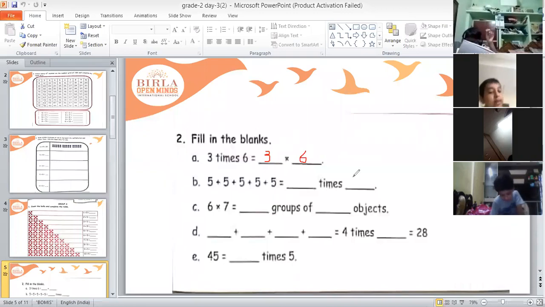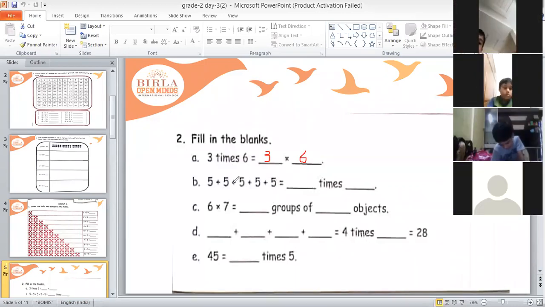Next one, 5 plus 5 plus 5 plus 5. Okay, now Kushal, you tell me how many times we are repeating this 5? 5 times, ma'am. Yes, very good. So children, see here in the second bit we are repeating number 5 five times. 1, 2, 3, 4, 5.